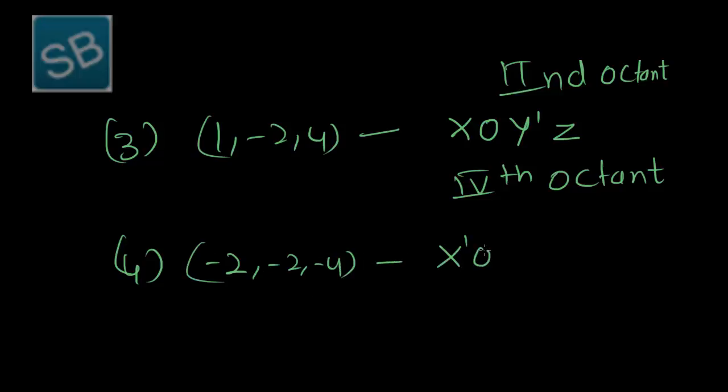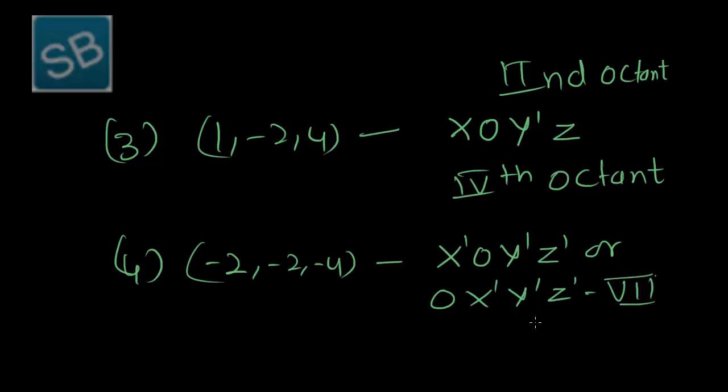That is X'OY'Z', or we can say OX'Y'Z'. That is our seventh octant. So by judging from the signs of the coordinates, we can judge the octant in which a point lies.